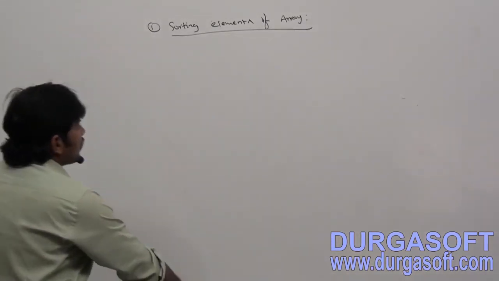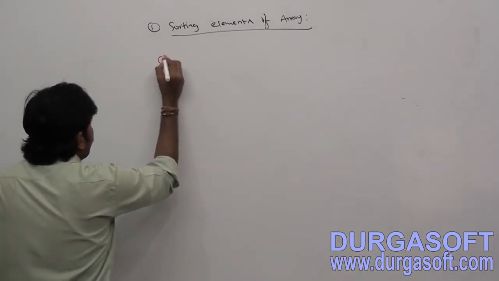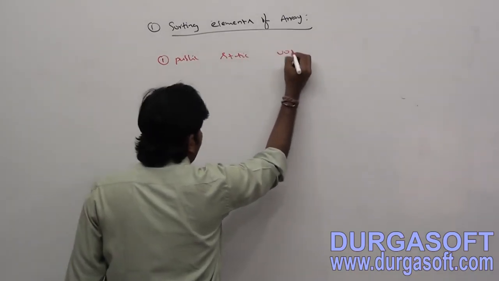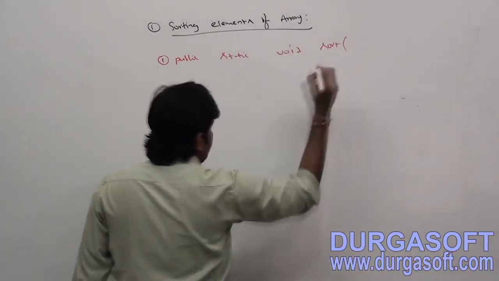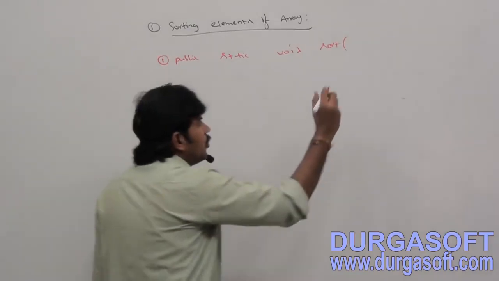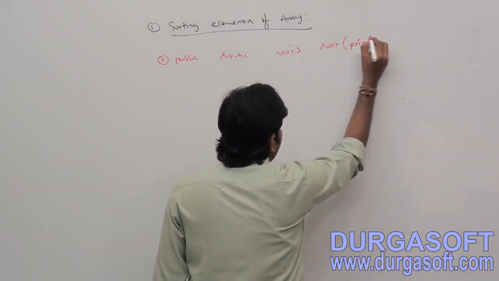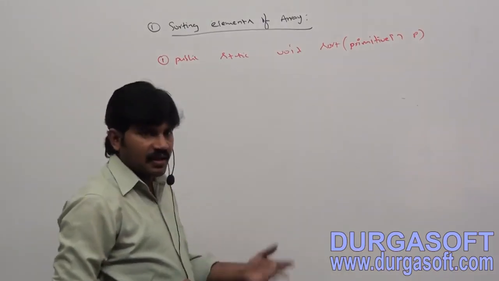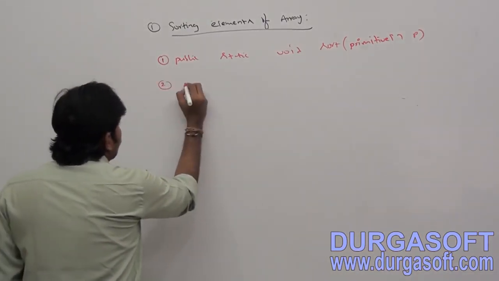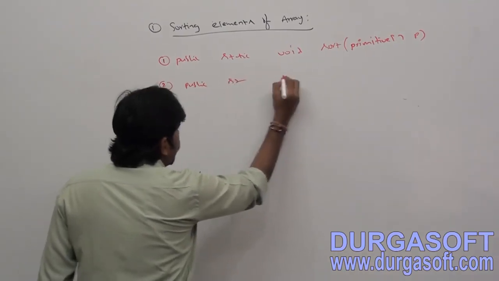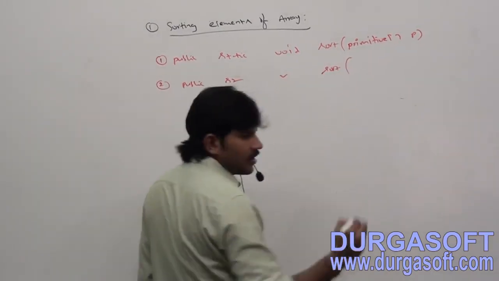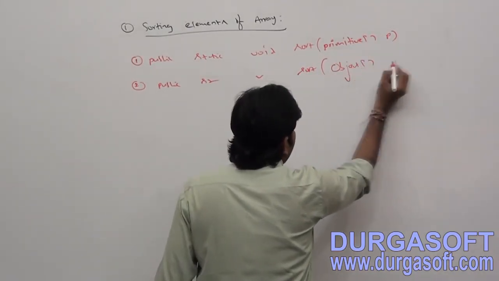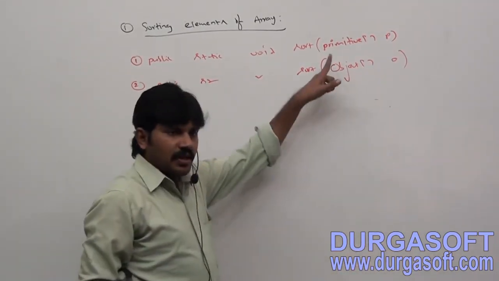Now listen, there are just three sort methods. First one: public static void sort(primitive array p). Maybe an int array, byte array, char array, any primitive array. Second: public static void sort(object type array), maybe a student array or string array.